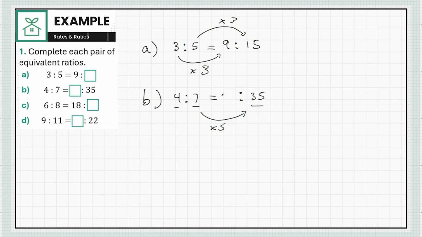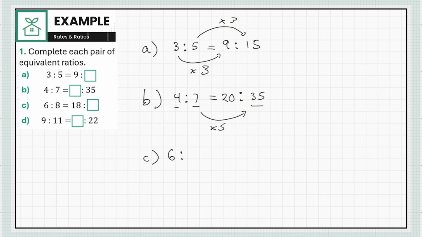So 4 times 5 is just 20. I've changed the ratio, but it still has the same meaning, just with different numbers. Think about it almost as if we are taking a simplified fraction or a simplified ratio and converting it or scaling it up to a larger one. Now this will be useful later on, but for the moment it's purely just about learning this operation.